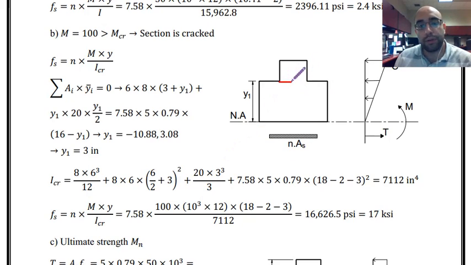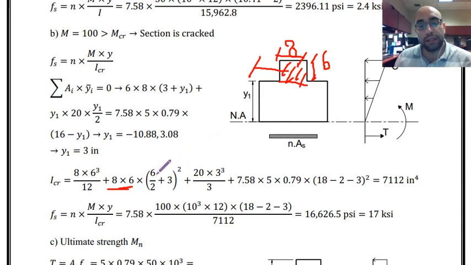We have this top rectangle. The moment of inertia of this shape about its own centroid is equal to 6 by 8, this side, multiplied by 6, which is the height, cubed over 12. And then I have to multiply the area of the shape by the distance from the centroid of the shape to the line about which we are calculating the moment of inertia.